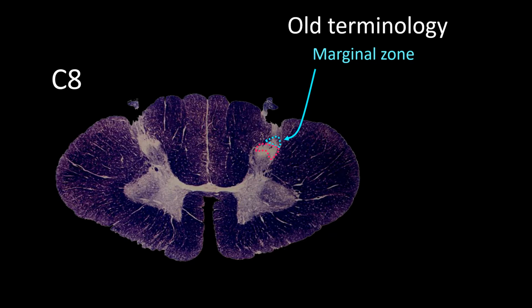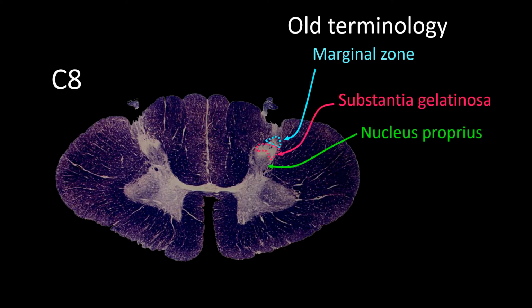Anterior to it, we find a dense white area that is called the substantia gelatinosa. Ventral to it is the nucleus proprius. And ventral to the nucleus proprius, between the dorsal and the ventral horns, at this spinal cord level, we find the nucleus reticularis.